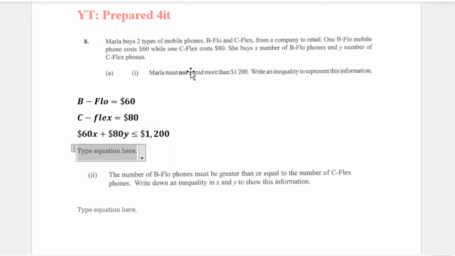But the question said she must not spend more. So whatever 60X plus 80Y is, it must be less than or equal to 1,200. If it could be more, the sign would have been the other way to say greater than 1,200.